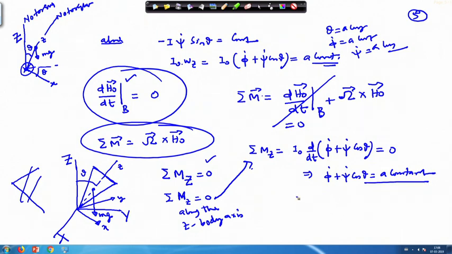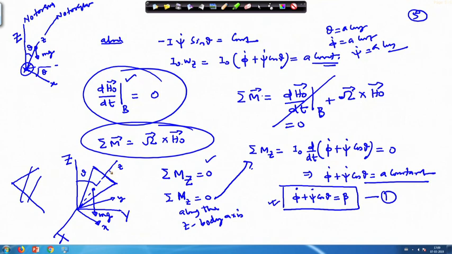And let us assume that this quantity phi dot plus psi dot cos theta, we can give some name to this. Let us say we write this as beta.